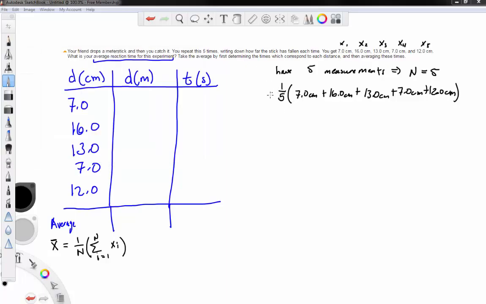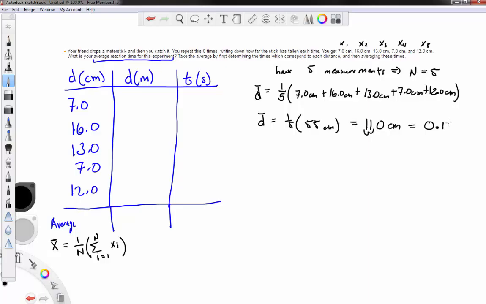So this means your average fall distance is 1/5 of 55 centimeters. So if you divide this number by 5, you get 11 centimeters. We can even keep the 0.0 for significant figures.